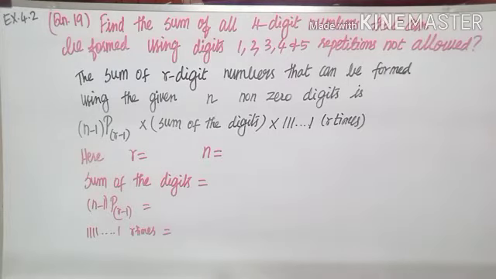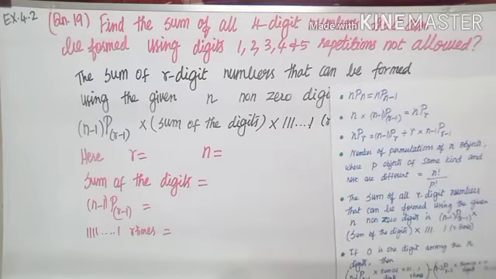Question number 19. Find the sum of all 4-digit numbers that can be formed using the digits 1, 2, 3, 4 and 5 when repetitions are not allowed. So we have the formula.